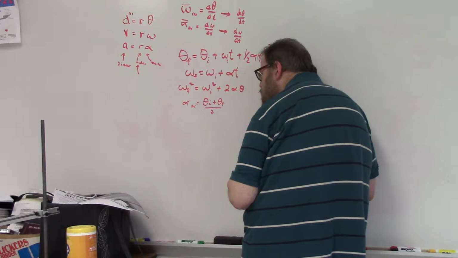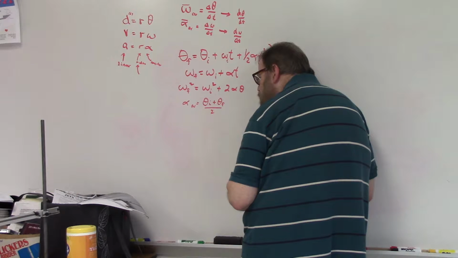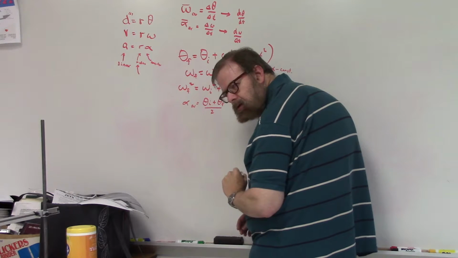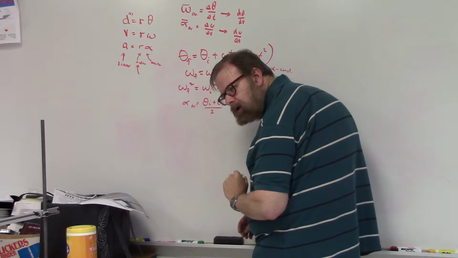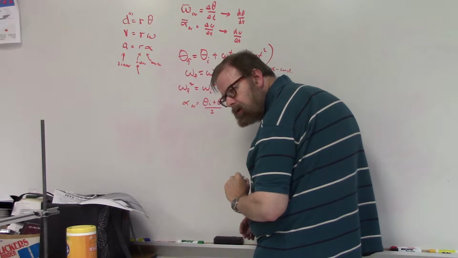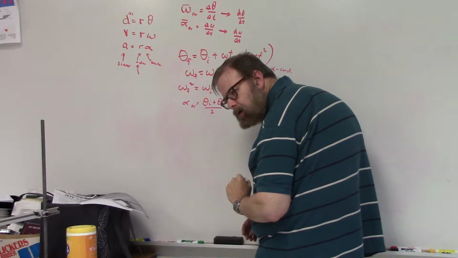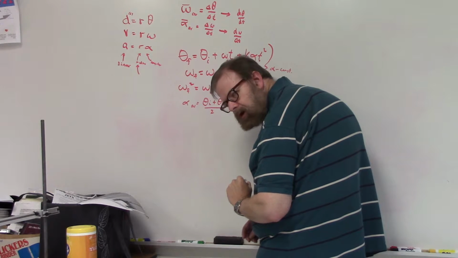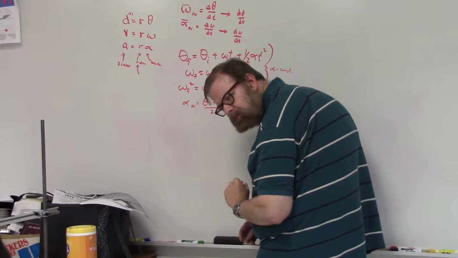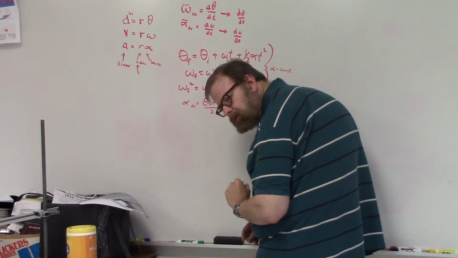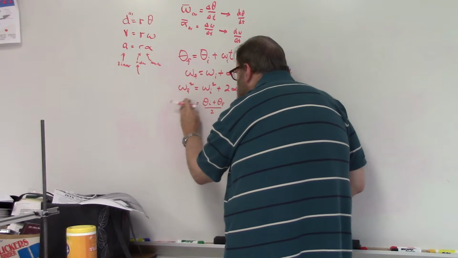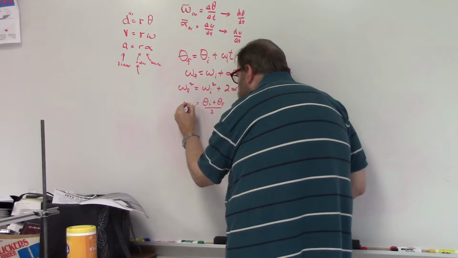Now I'm going, it should be omega. I think it is omega, isn't it? Omega average is initial plus final over 2. Yes, right? Initial position is always right and beforehand there. We'll leave it as omega average. There we go.